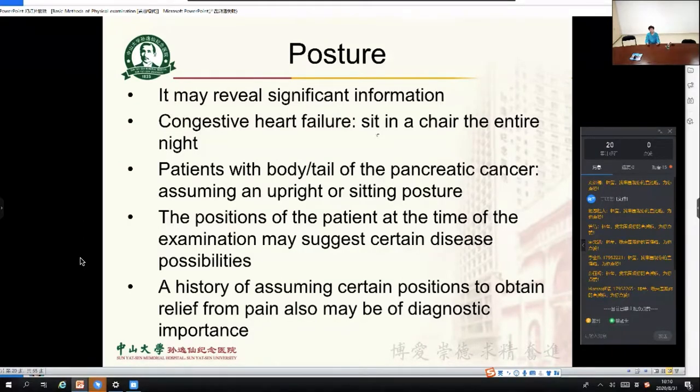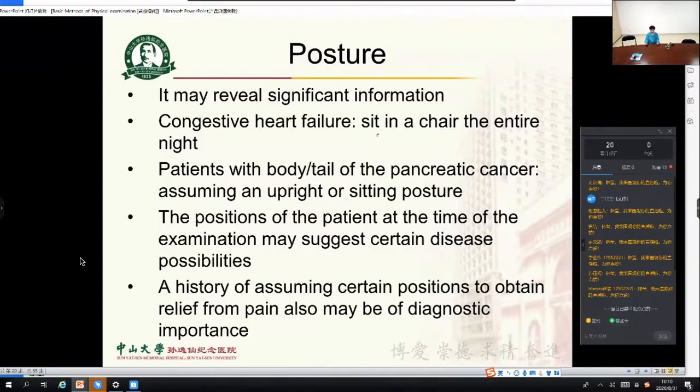And for inspection, the first thing is we need to see the posture of the patient. It may reveal significant information. If a patient has congestive heart failure, he or she will sit in a chair the entire time, just cannot lie down. The patient with body or tail pancreatic cancer will prefer to assume an upright or sitting posture, to release the abdominal pain.